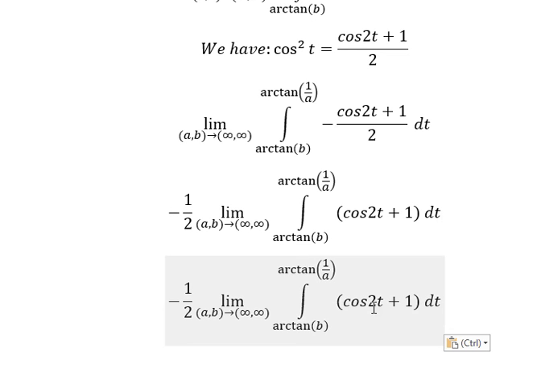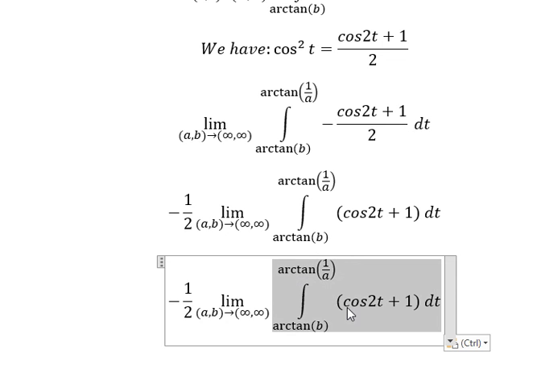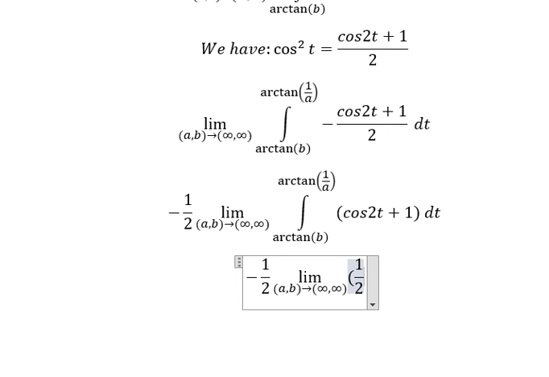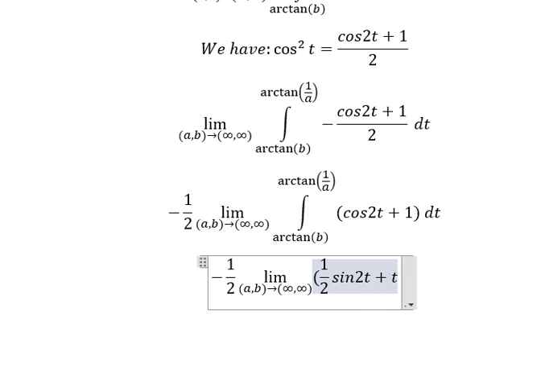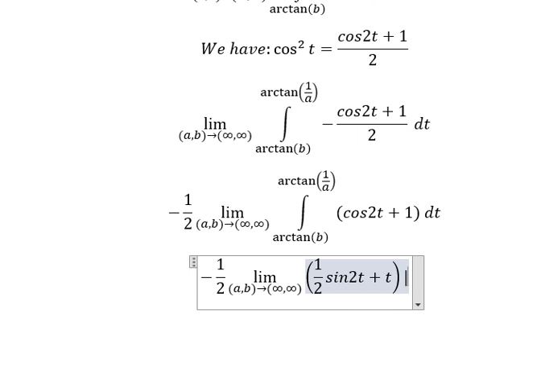So the integration of cosine 2t, we have 1 over 2 sine 2t. Plus 1, that is t. And we can put the bounds from arctan of b to arctan of 1 over a.